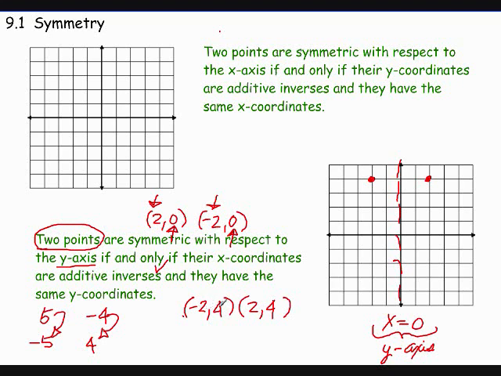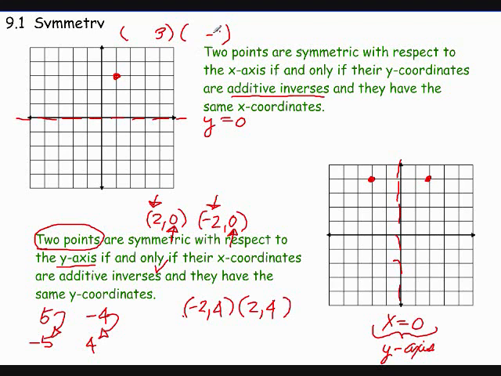Now you can imagine if we go up to this one where we want to talk about 2 points that are symmetric to the x-axis. y = 0 is the x-axis right here. If and only if their y-coordinates are additive inverses. So here's a y-coordinate of 3. What does my other y-coordinate have to be?